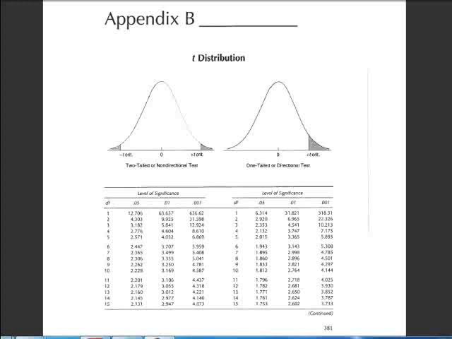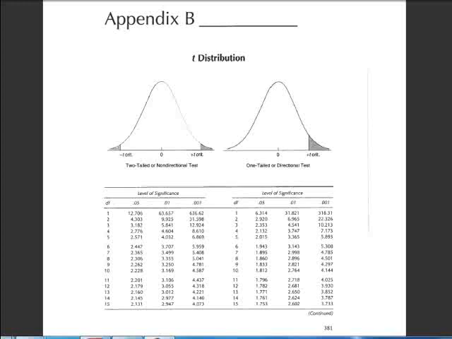Also know that degrees of freedom are different for different statistical tests. You should be watching this after we have talked about the independent samples t-test, and so you now know that the degrees of freedom for an independent samples t-test is the number of subjects in the first group plus the number of subjects in the second group minus 2, so n1 plus n2 minus 2. I don't want to get bogged down in what degrees of freedom is, but the definition is the number of independent pieces of information that go into an estimate of the parameter.